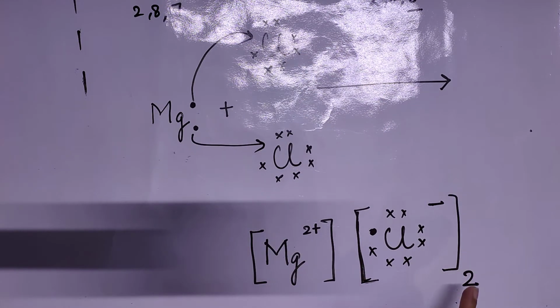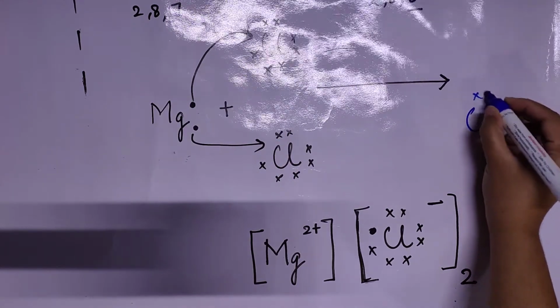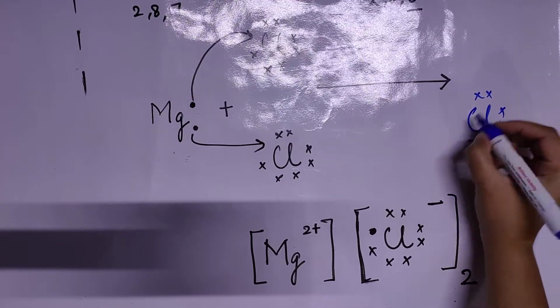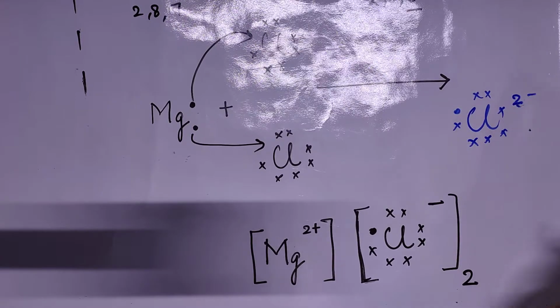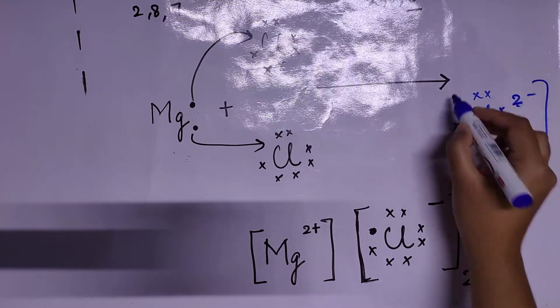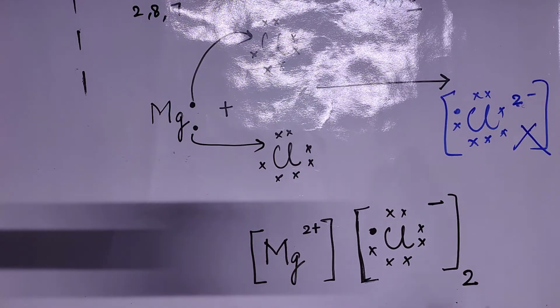This is a very important thing. Sometimes students get confused, and because 2 negative charge is getting formed, they write it like this. This is completely wrong. The reason is that this shows that one chlorine atom has gained 2 electrons.